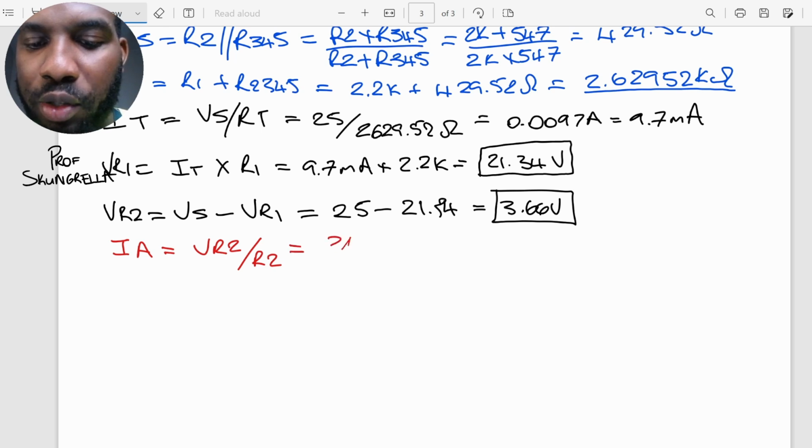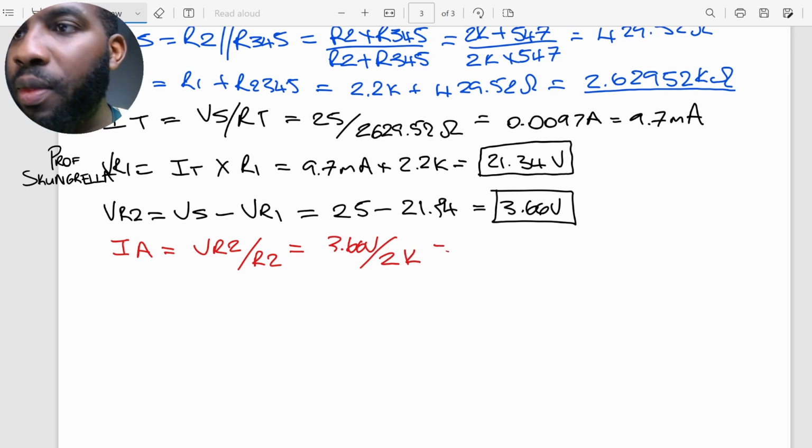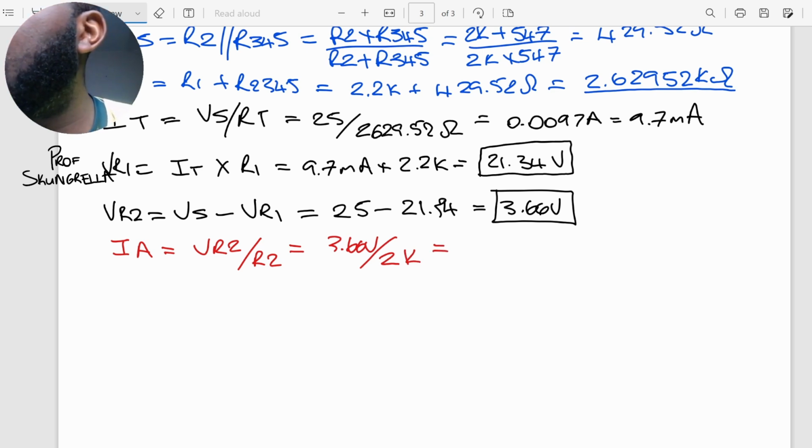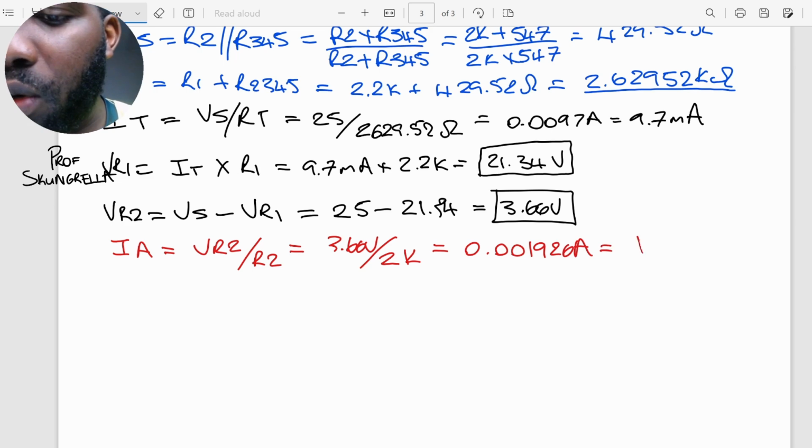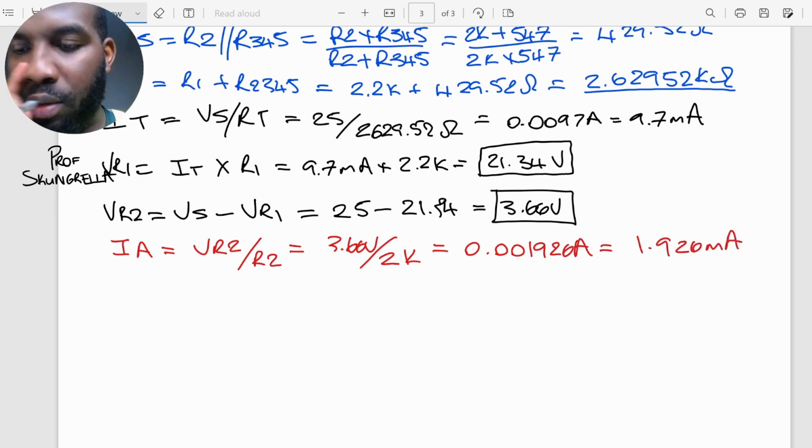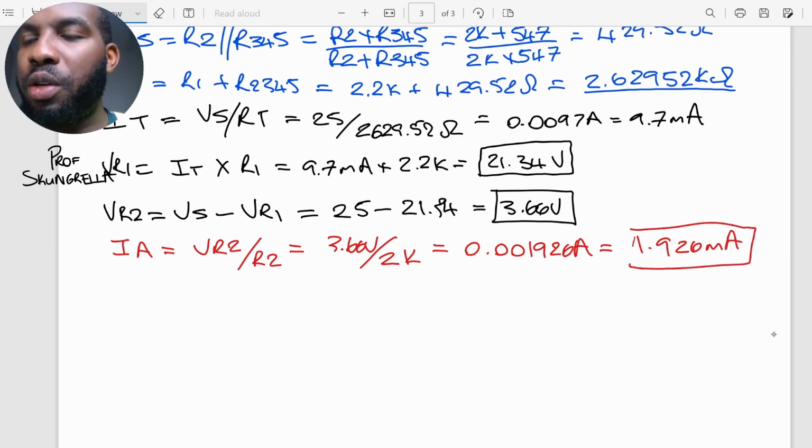So we have 3.66 volts over 2K, and that gives us 0.001926 amperes, which is the same as 1.926 milliamps. All right, so this is the current going through this resistor right here.